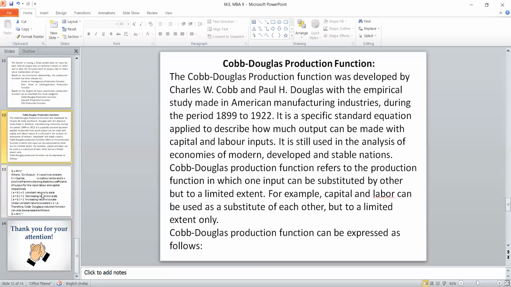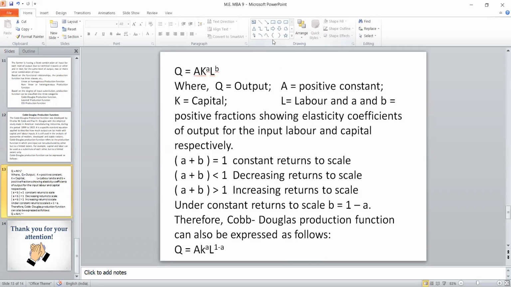Suppose I ask what is the Cobb-Douglas production function, then you have to define what production is, say what production function means, and then say what the types are, and finally, in the linear production function, the Cobb-Douglas production function is the right example. Mention the authors' names, mention the period of research, and then write this equation, and mention that it holds good under constant returns to scale. If you write like this, you can score all 8 marks.